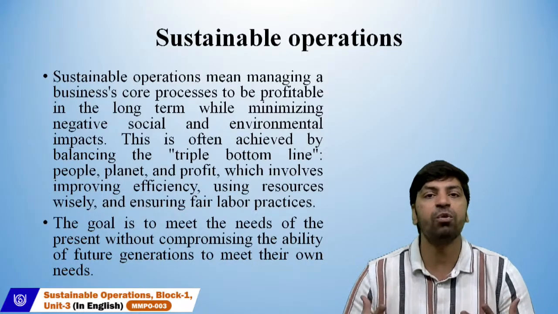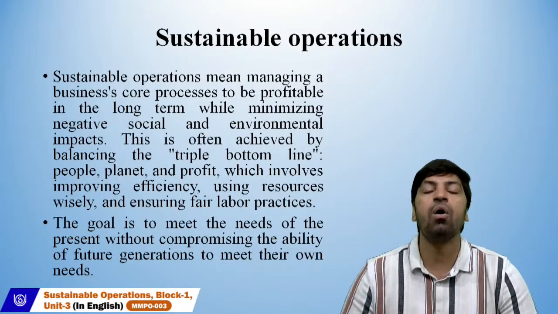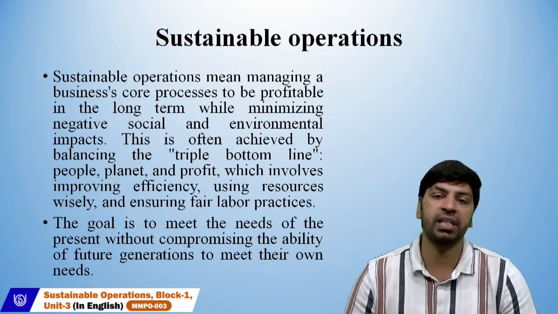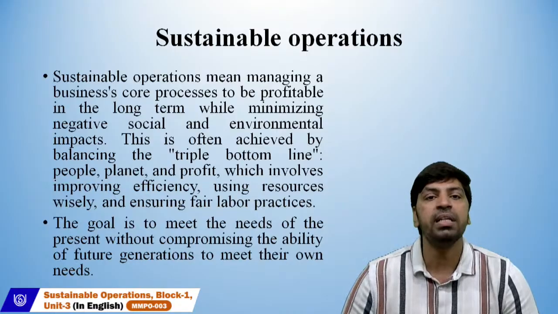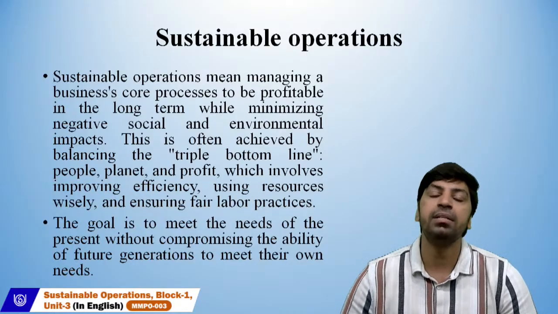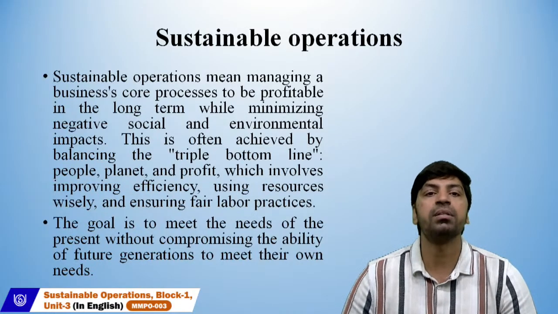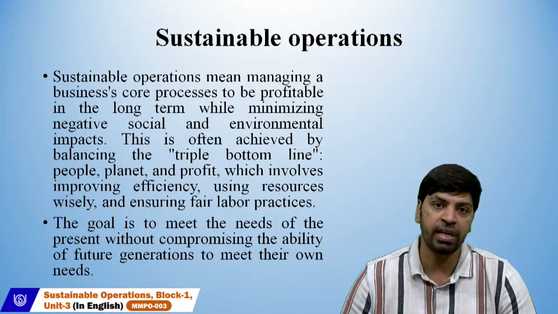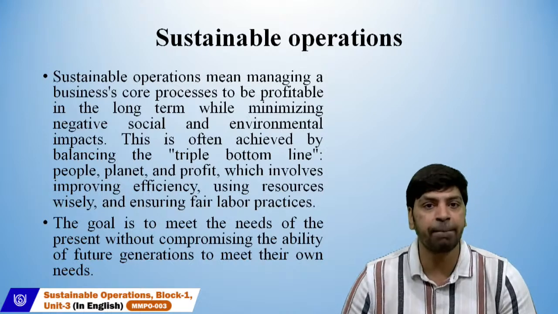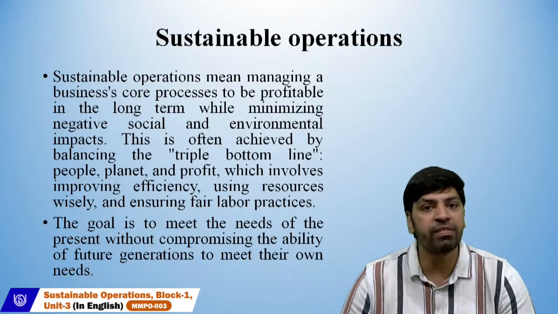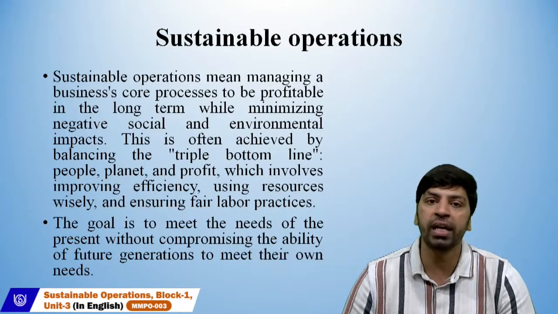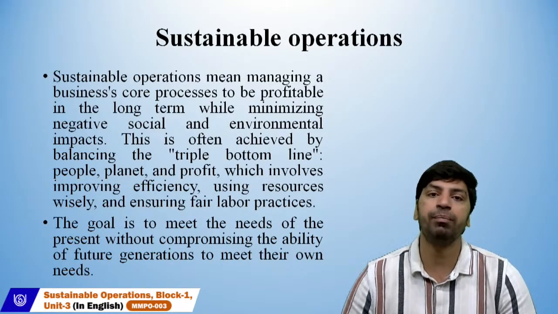The major focus is to manage all of the business processes and make them profitable. It could be achieved by balancing the triple bottom line, called people, planet and profit. That's called the triple bottom line, which involves improving efficiency, using the resources wisely and ensuring fair labor practices.